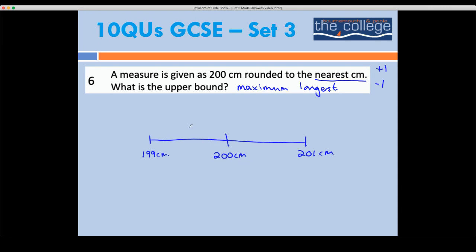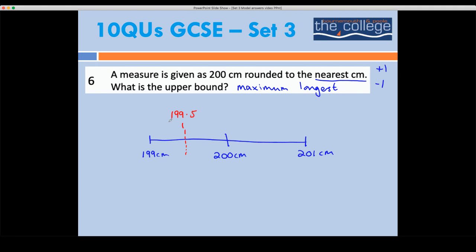So bang in the middle. Because if we had 199, that's what it's rounded to, 199. If we had 199.2, it would round down to 199. 199.3, 199.4 would round down to 199. So this halfway mark between 199 and 200, which is 199.5.